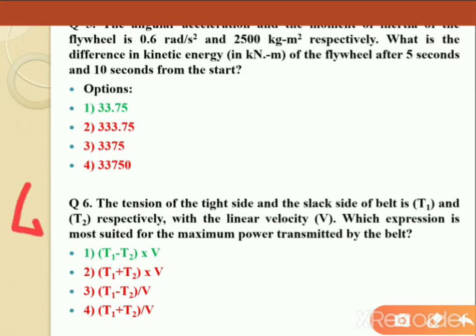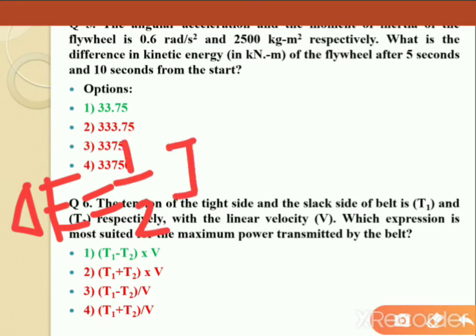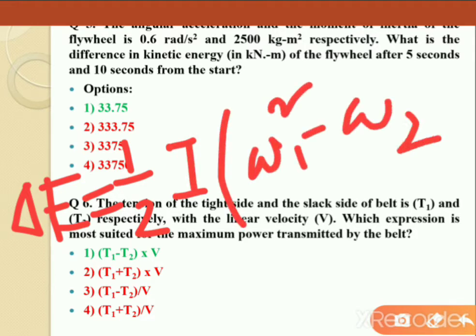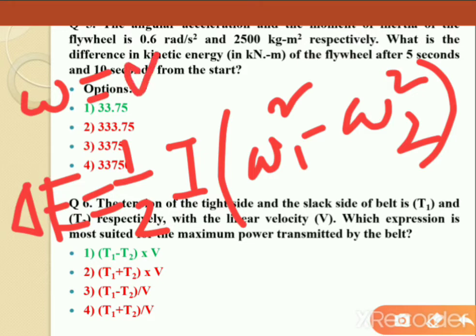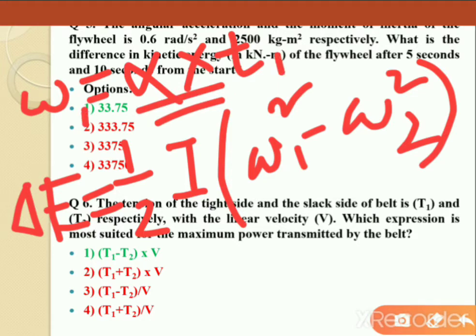So we know the difference in energy, ΔE, is equal to half into I into omega 1 square minus omega 2 square. You can see here omega 1 and omega 2 are not given, but we can say omega is equal to alpha into t. We can write that. So t1 and t2 we know, for omega 1 t1 and for omega 2 t2.